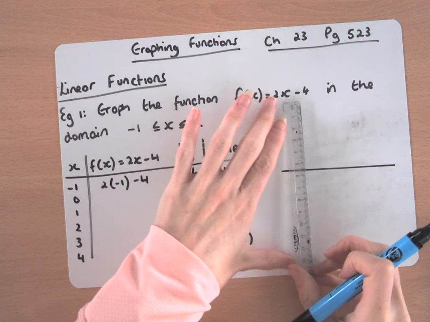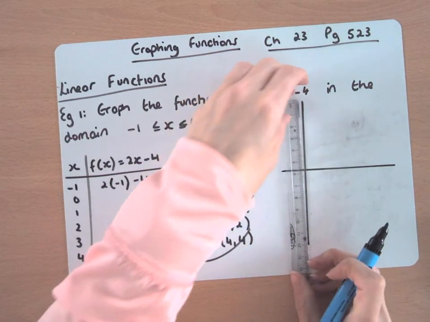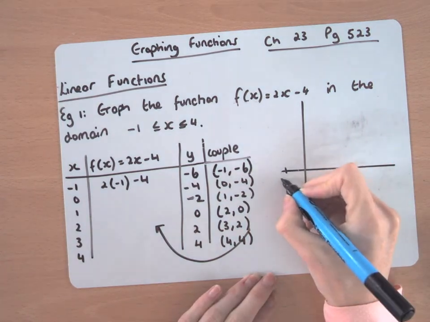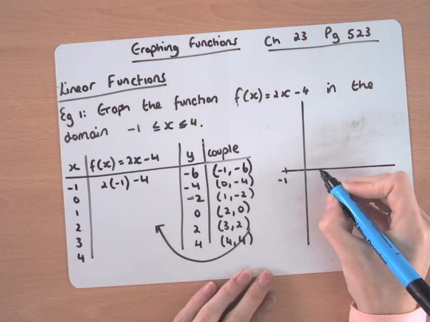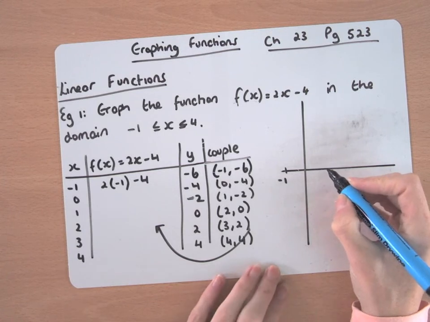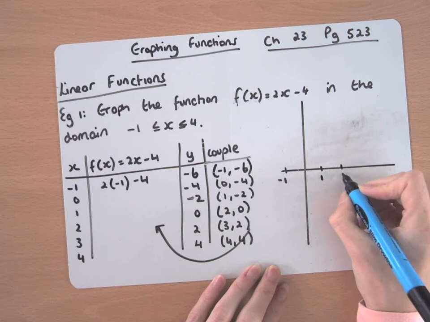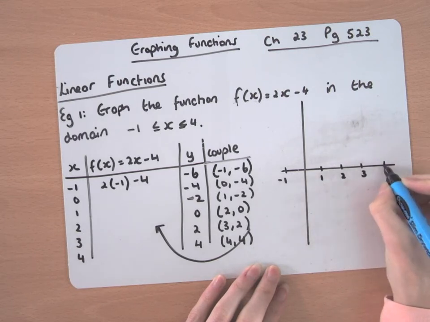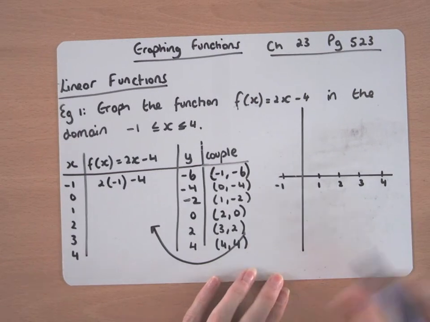I'm going to do it like this. Minus 1, 0. Leave the same distance if possible. So this is going to be 1, 2, 3, and 4. They're my x's.